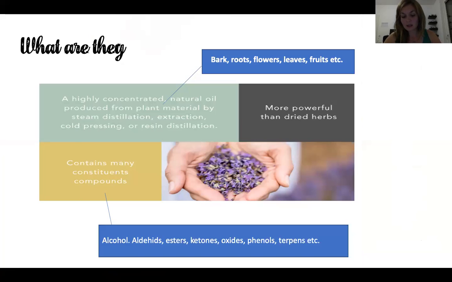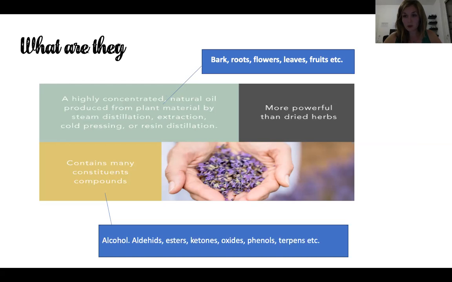Later on, I'm going to explain each essential oil that I really believe is important, and I will always tell you where they come from. But you can already imagine fruits like citrus fruits, flowers, lavender, and so on. They're more powerful than dried herbs because they're more concentrated. They're already really concentrated in these little bottles.